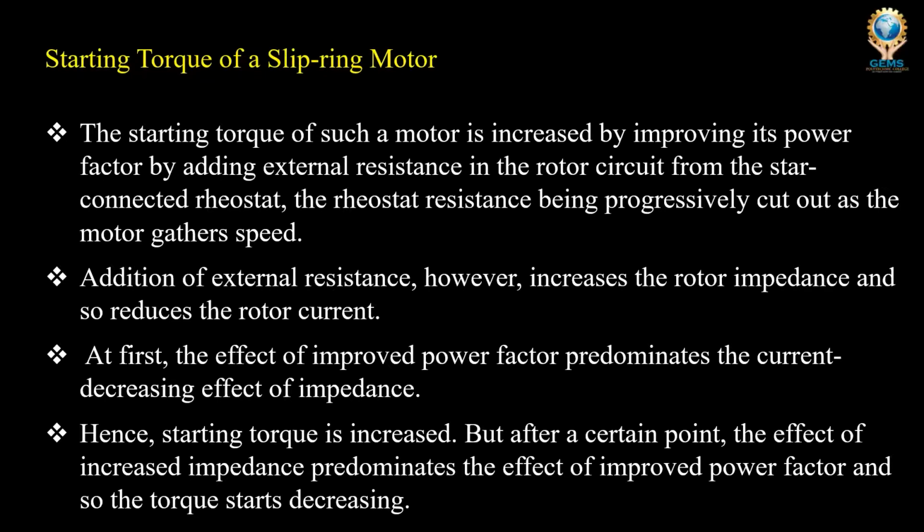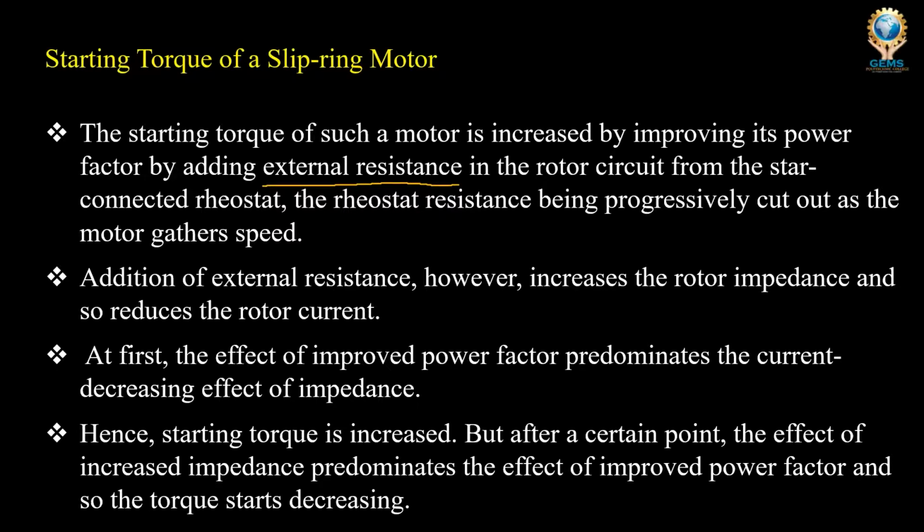Here we will use the external resistance. That external resistance will be connected with the rotor circuit. So we can vary the resistance, increase or decrease. So what will happen?